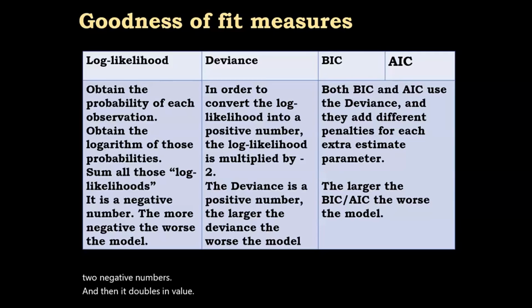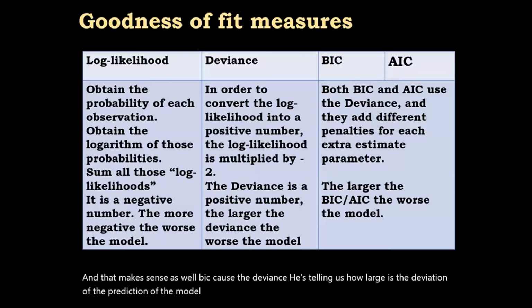So now the larger the deviance, the worse the model. And that makes sense as well, because the deviance is telling us how large is the deviation between the prediction of the model and the actual observation. So the larger the deviation, the worse the model.